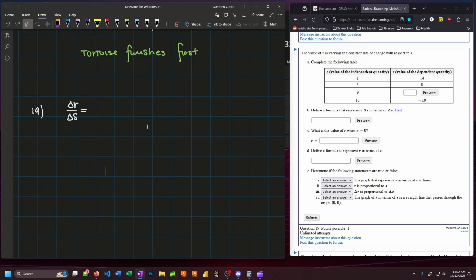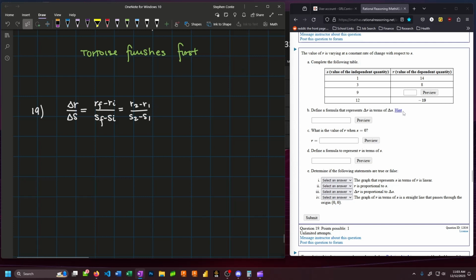Okay, so what do we know about delta r and delta s? What does delta mean, right? We discussed before that delta is the change between two points. So we said that delta of any variable can be represented as either r final minus r initial, s final minus s initial, or r2 minus r1 over s2 minus s1, whichever you feel more comfortable with.